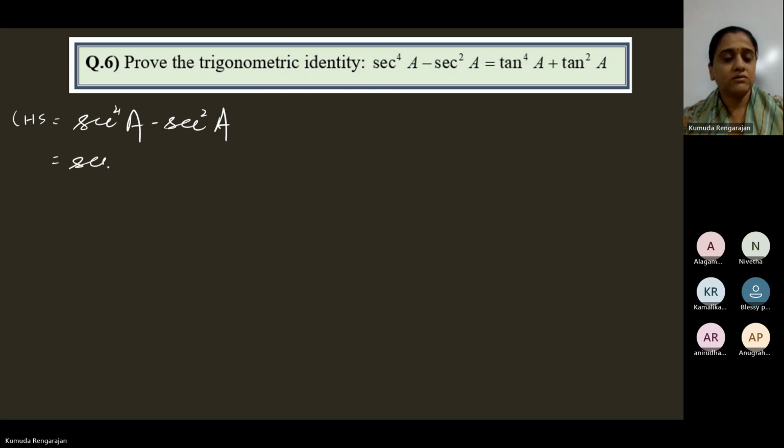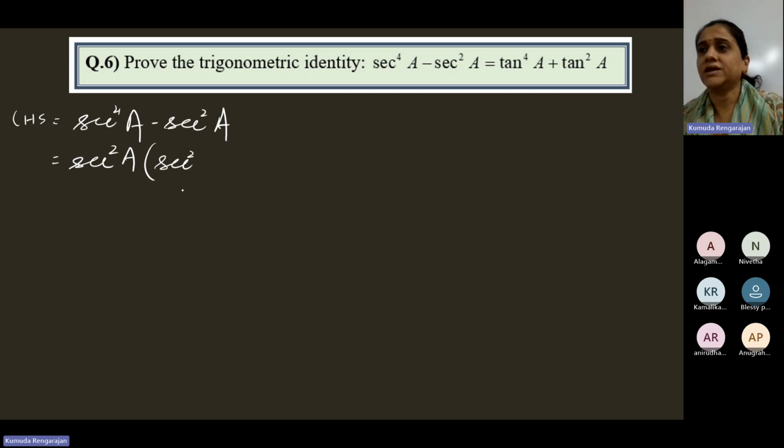So secant square A is common. Look at the LHS, it is made up of secant A and the RHS of tan A. So you can easily switch from secant to tan. Secant square A minus tan square A is 1. Using this identity, you can switch from secant to tan, tan to secant. First we'll take out secant square A common. So in the bracket, you get secant square A minus 1.